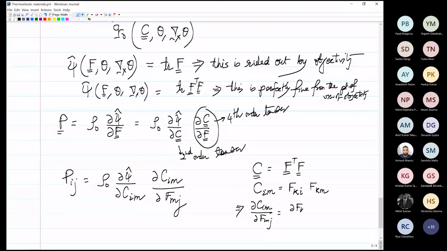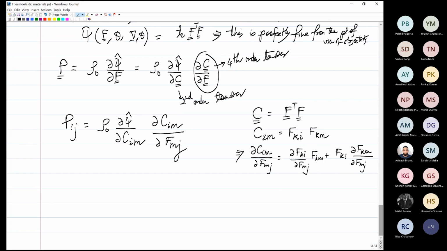So del Fki over del Fmj into Fkm plus Fki into del Fkm over del Fmj, right? And you see that F is not symmetric, so Fkm is not equal to Fmk. So what is this then? Del Fki over del Fmj. So you are taking the derivative of a component of F with respect to another component.